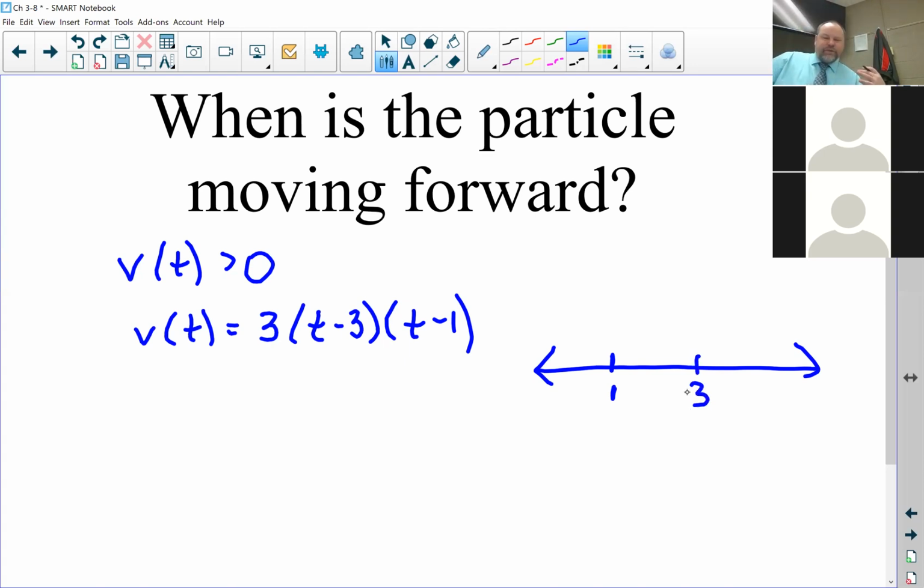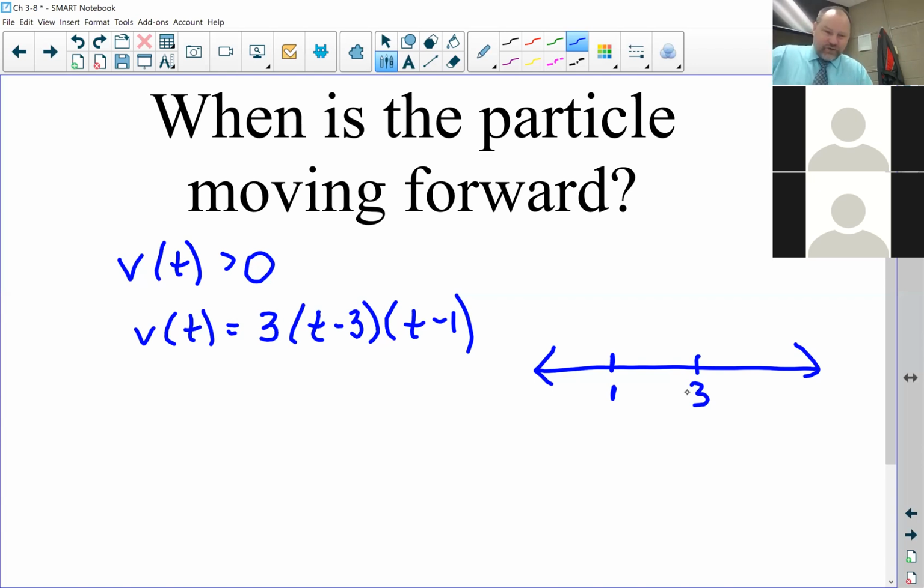Because I know that at 1, the particle is not moving forward or backward, it's at rest. And at 3, it's at rest. And the only way for it to change from moving forward to moving backward is it has to rest for an instant. And that's because the velocity function is continuous. So what I would do is pick some values on each interval.